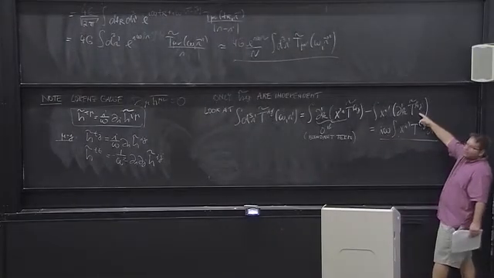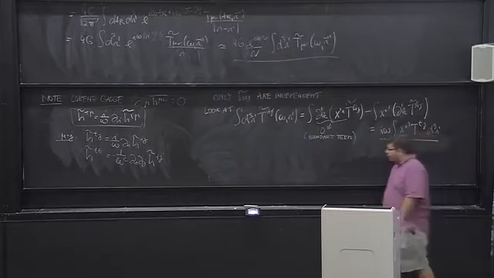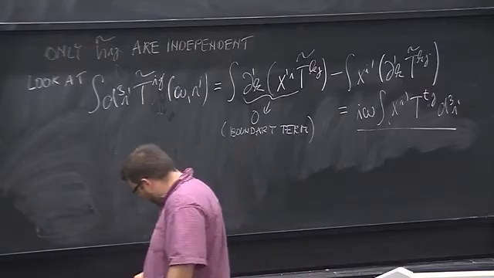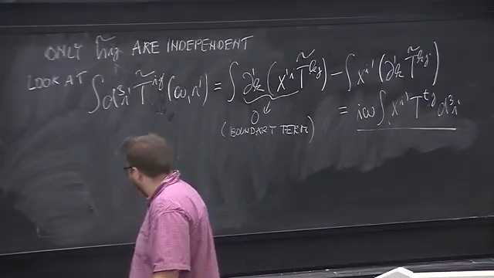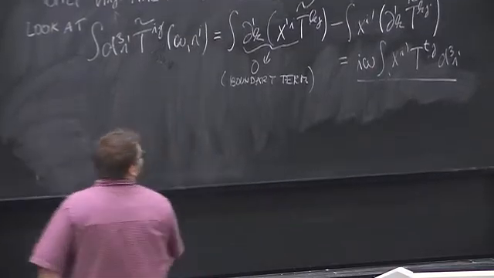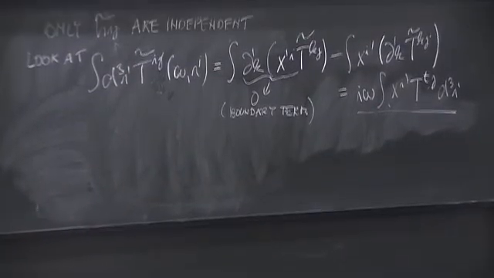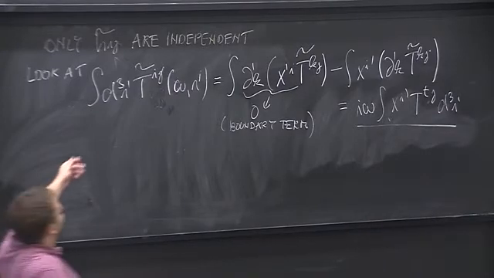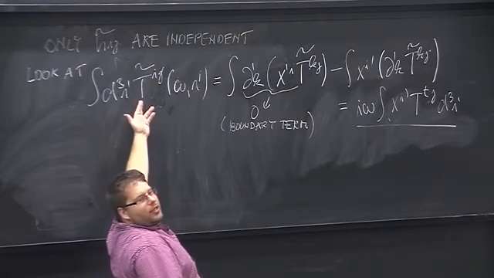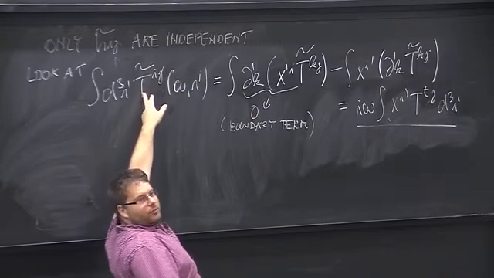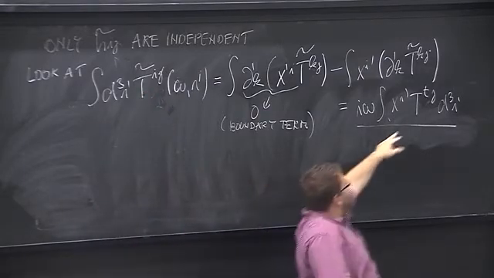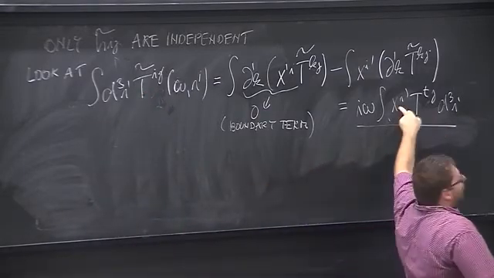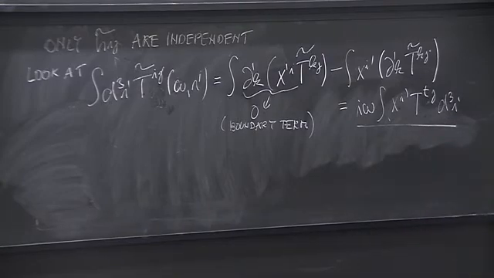Okay, so I'm just using the fact that T^{μν} is conserved. So you see that what we have done is basically we traded one index i of this T^{μν} for an index t and multiplied by x^i.